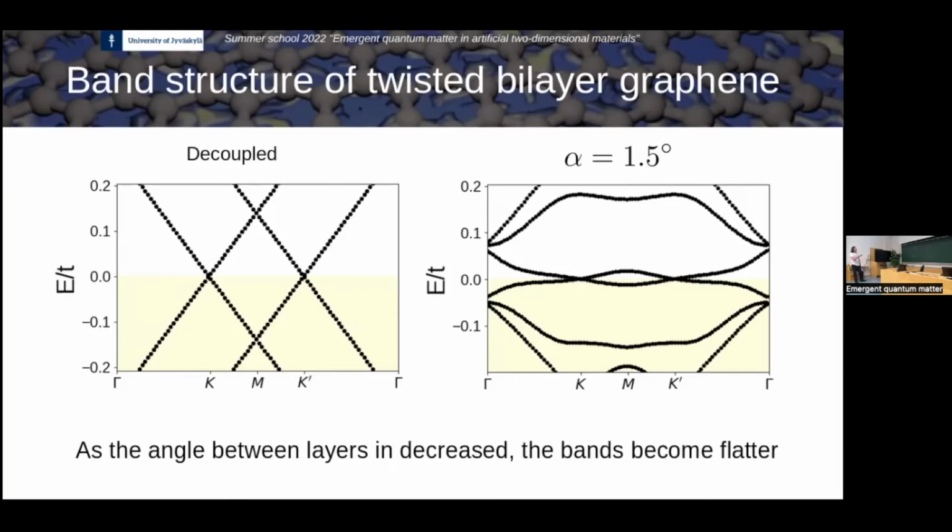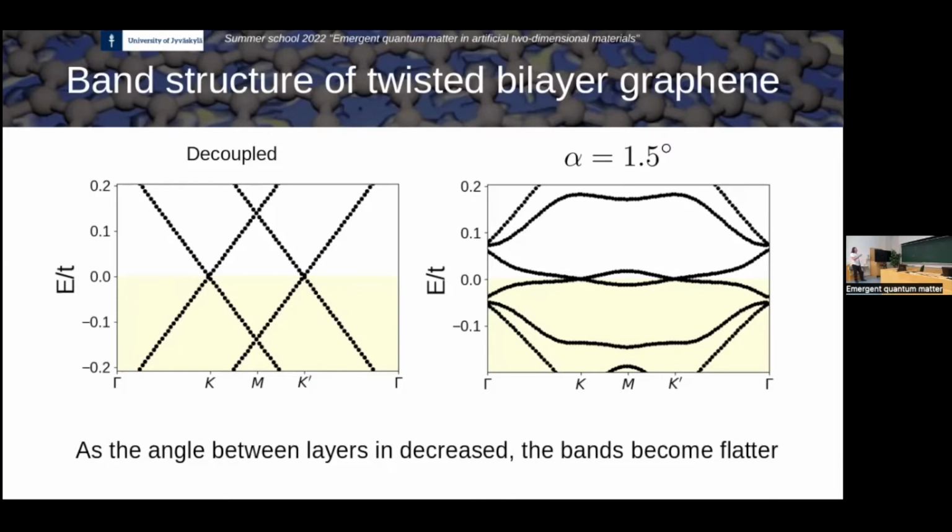And here you can very clearly see this notion of Fermi velocity renormalization. In the absence of coupling, your Fermi velocity is very big, which means that this slope is very large. But once you introduce the coupling, you still retain the Dirac cones, so you still retain the crossings, but now the slopes are much, much smaller. This change in slope is what is called the Fermi velocity renormalization.